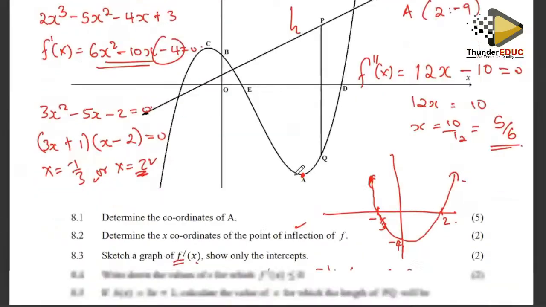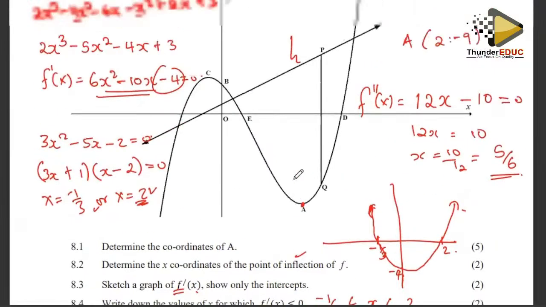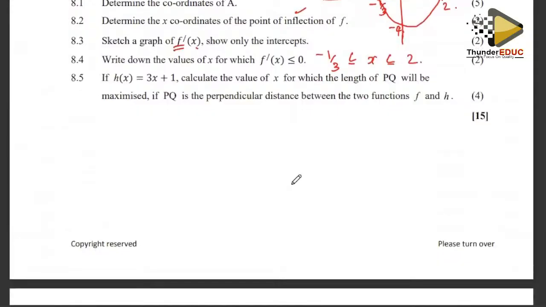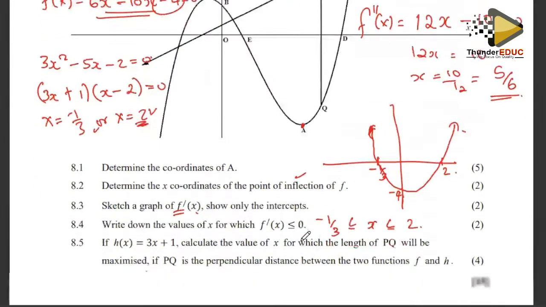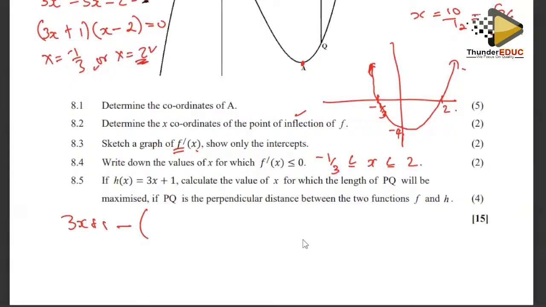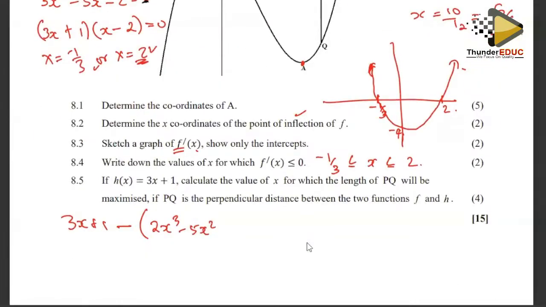Okay. So for us to get the distance between the two, remember, we need to start by subtracting. Which graph is above is the h. That means that's going to be the 3x plus 1 minus our quadratic, which is 2x cubed minus 5x squared minus 4x plus 3.